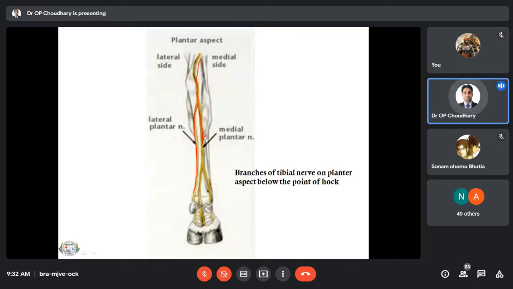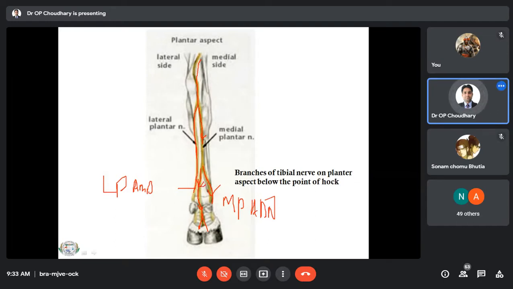The lateral plantar nerve continues as the lateral plantar digital nerve, and the medial plantar gives one common branch that divides into two branches as the common axial digital nerves. The medial branch continues here to form the medial plantar abaxial digital nerve, and this is the lateral plantar abaxial digital nerve. And this is the common.